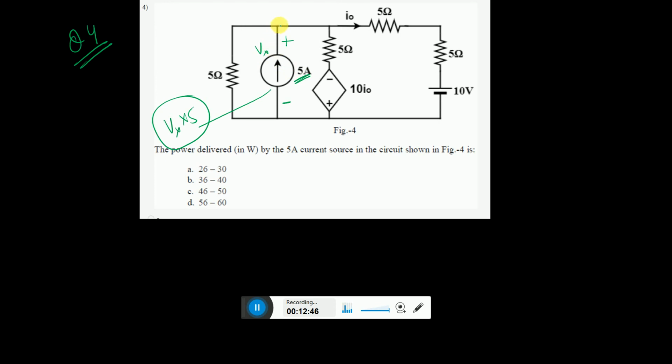Vx is now the node potential. If you take this node, all are the same, so I need not take a lot of nodes over here. I will take one node as the reference, and I will take this node and write that this node is Vx, because this voltage is the same as this voltage, as there are no other resistors connected across here.